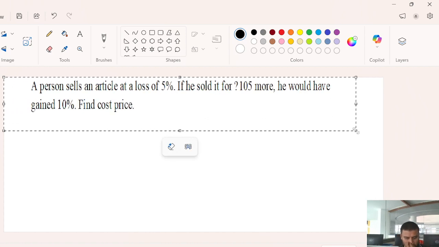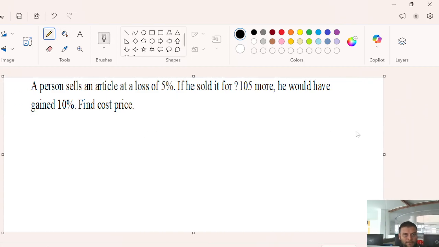Okay, guys. The question says a person sells an article at 5% loss. So we can clearly take 100% as the CP, and as you are selling at 5% loss, you are selling at 95 percentage of CP.